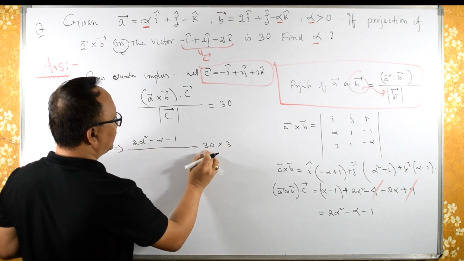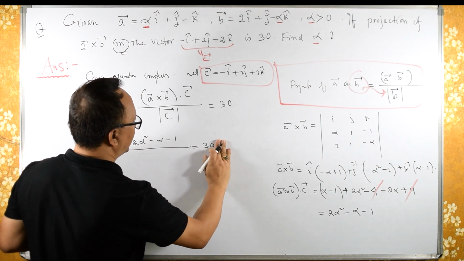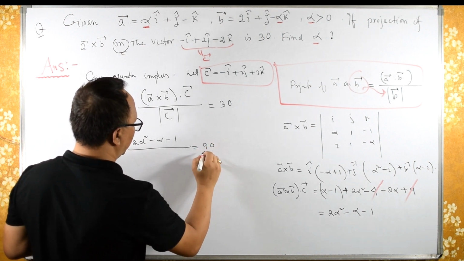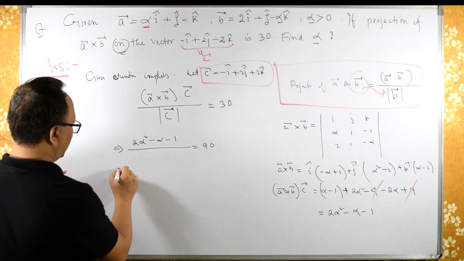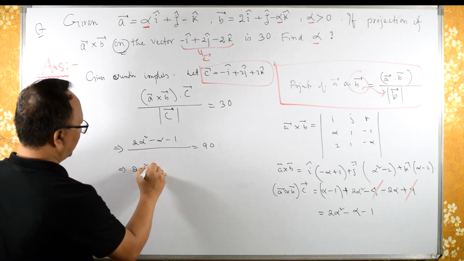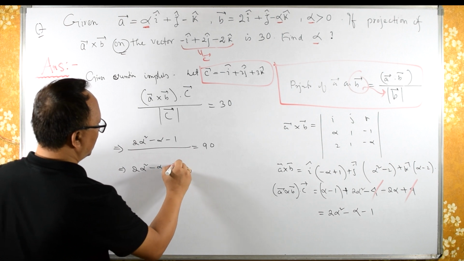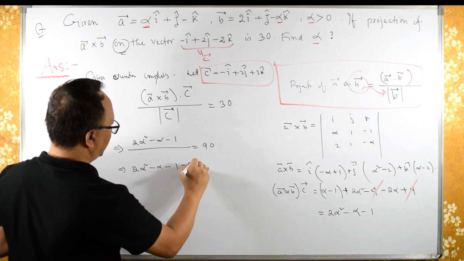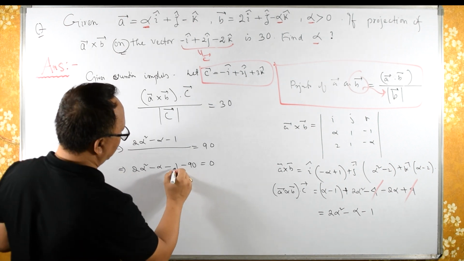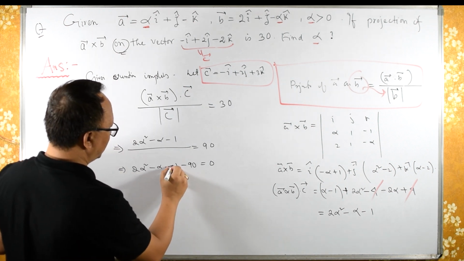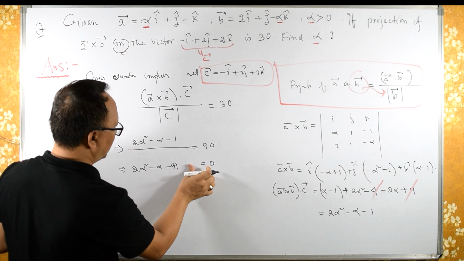So 30 into 3 is 90. So I can write over here 90. So I can bring this to that side. Therefore this is 2 alpha square minus alpha minus 1 minus 90 equals 0. Minus 1 minus 90 is minus 91, so I can write minus 91 equals 0.